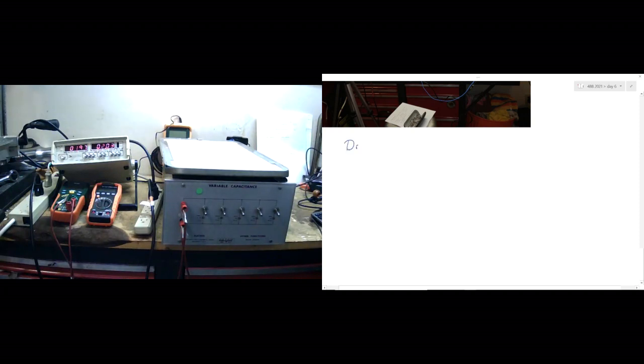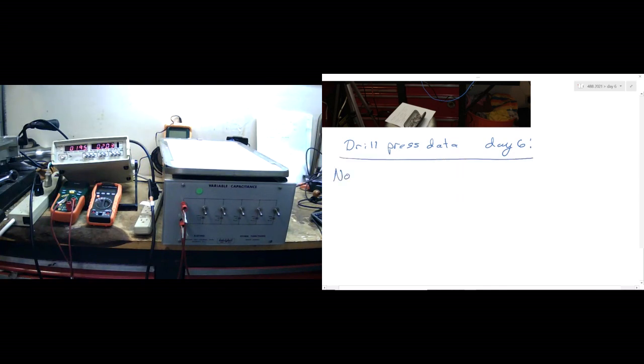So, drill press data taken on day 6. Okay, no capacitance. We'll just say no C.